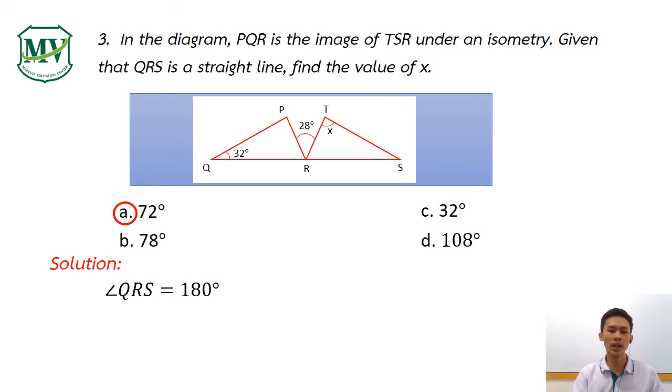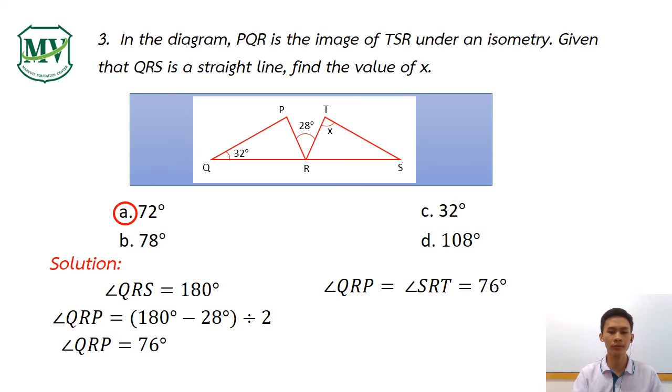As we can see, angle QRS is equal to 180 degrees. So that means angle QRP is equal to the quantity of 180 degrees minus 28 degrees divided by 2. So angle QRP is equal to 76 degrees.